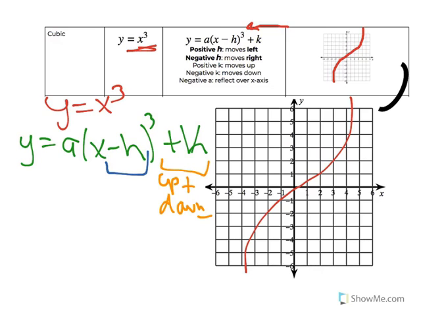The inside value is going to be left and right, where it's the opposite. Left is positive and right is negative. And then the value in the front, if it's a negative, will flip your graph upside down. So let's look at an example.